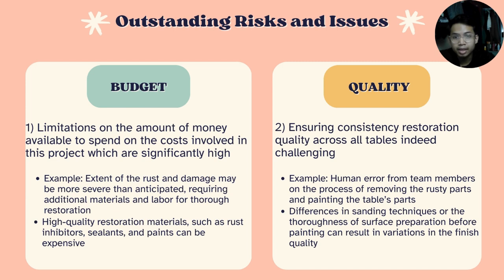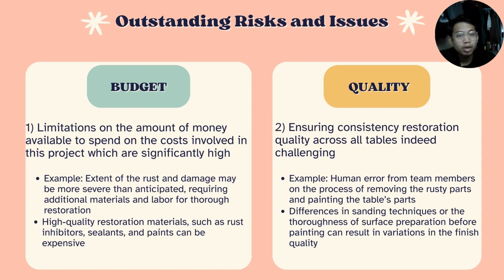As an example, the extent of the rust and damage may be more severe than anticipated, so we required additional materials and labor for restoration. For the materials, maybe we need to get high quality restoration materials such as rust inhibitors, sealants, and paints that will cost us an expensive amount.